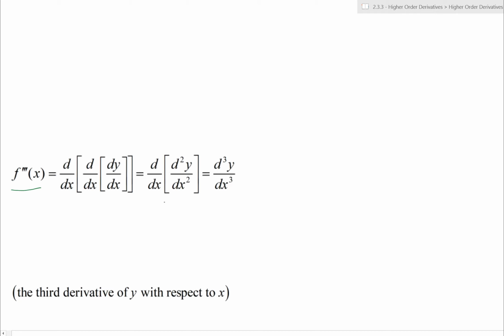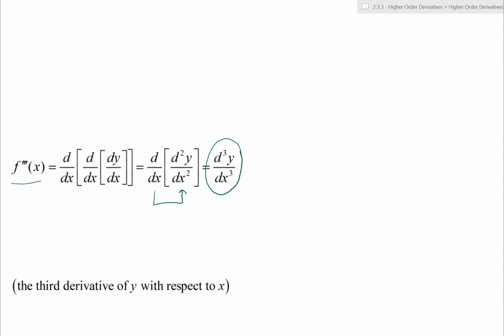And of course, that's the same thing as differentiating the second derivative of y with respect to x with respect to x. And you see the notation here, d cubed y over dx cubed, if you will, or the third derivative of y with respect to x. So those 3's just indicate notation that I've differentiated the function y 3 times with respect to x.